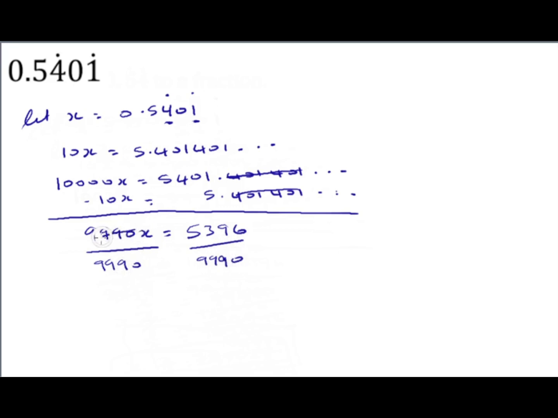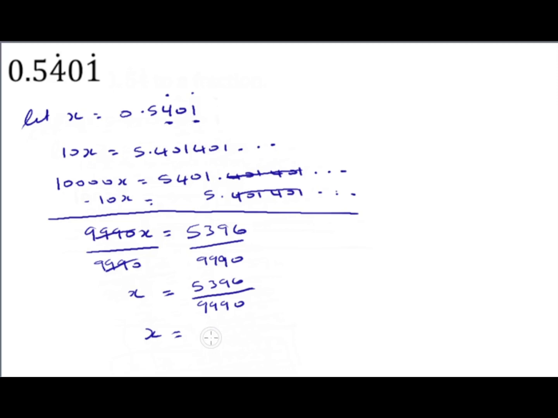All right, so 9,990 cancels that. So we're left with x, which is equal to 5,396 over 9,990. Now, for this fraction, yes, it can be simplified. So let's go ahead and simplify it. So x is equal, we can divide both the numerator and the denominator by 2.